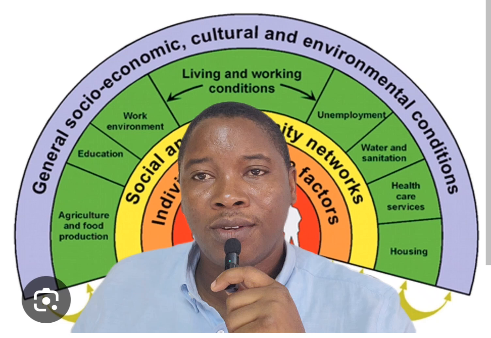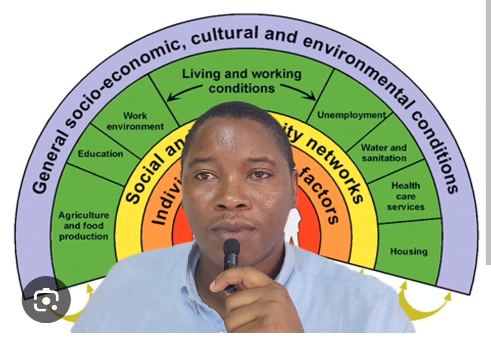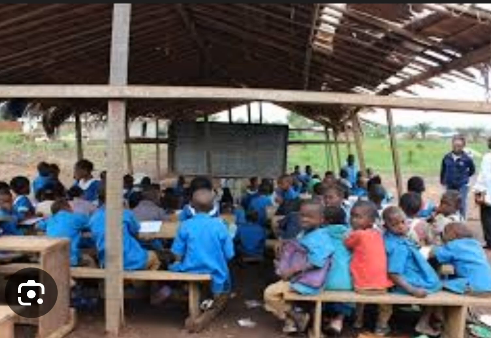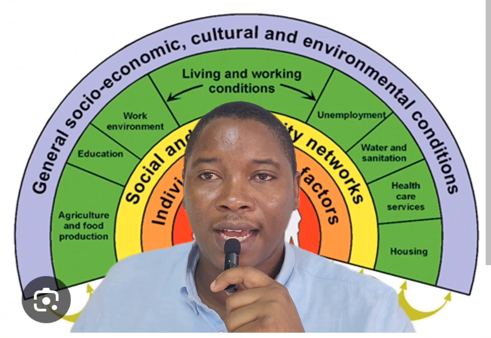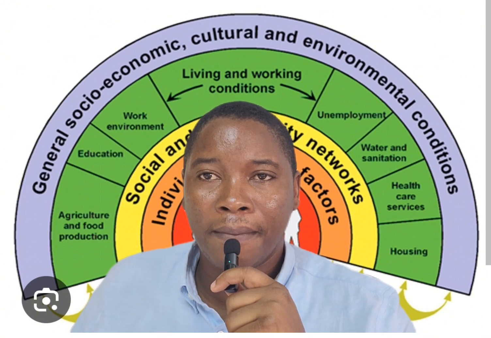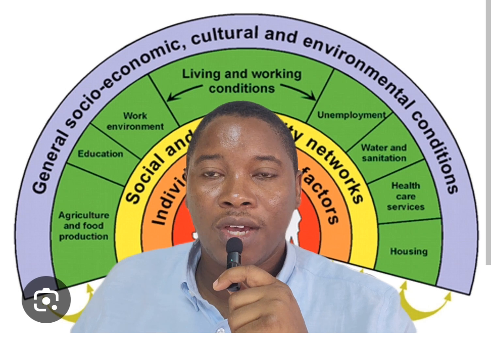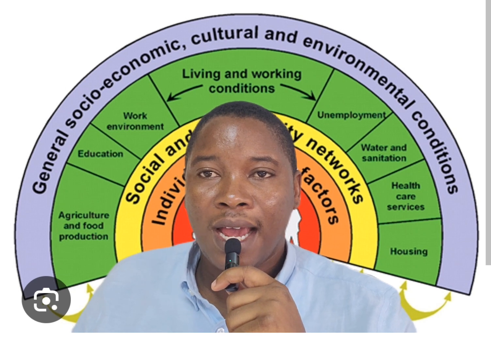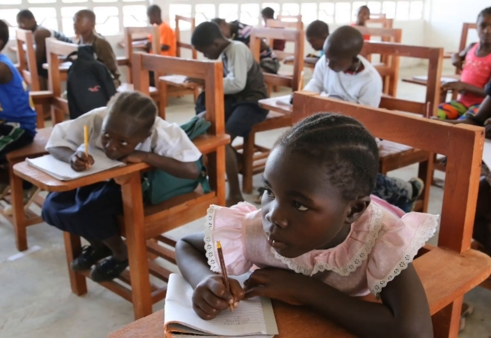So those who are better educated tend to take their health more seriously. They tend to realize that there is a correlation between their lifestyle and their health. They understand concepts in health better, and this helps. So education is really, really important.